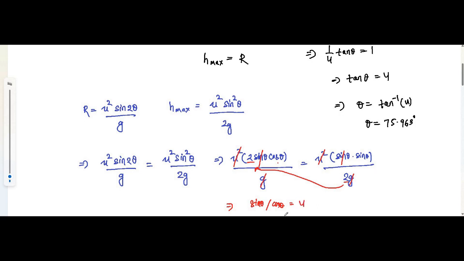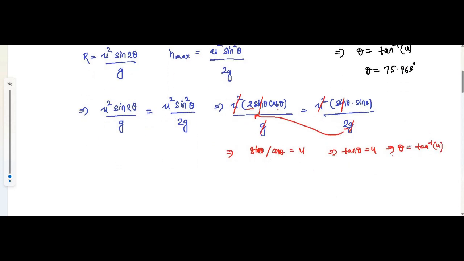Sine theta by cos theta is equal to 4. That implies tan theta is equal to 4. That implies theta equal to tan inverse of 4. And we have the same result, 75.963 degrees, this much. So either way you will get the same result.